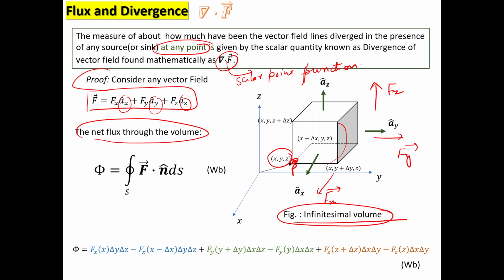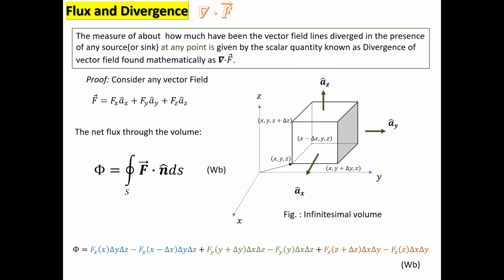And if we observe divergence in the field lines, then mathematically we can describe it with the help of the divergence of vector field F at the point P. So the net flux through this volume will be given by calculating the flux passing through the surface of this volume. It has 6 faces.